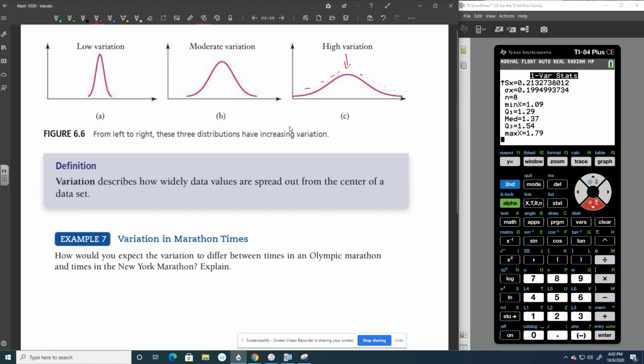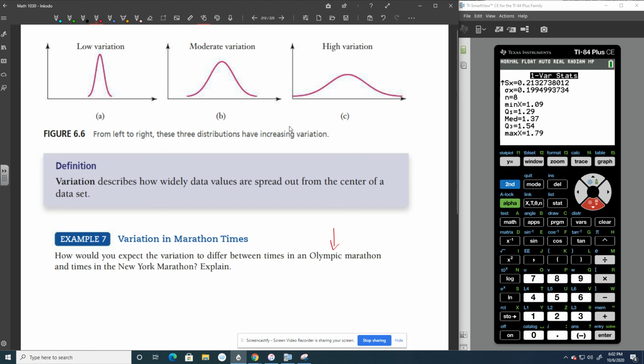Okay, so if I look at example 7, how would you expect the variation to differ between times in an Olympic marathon and times in a New York marathon? So if I'm looking at these graphs, a New York marathon compared to an Olympic marathon. The Olympics are a lot of really good runners that run and run and run.